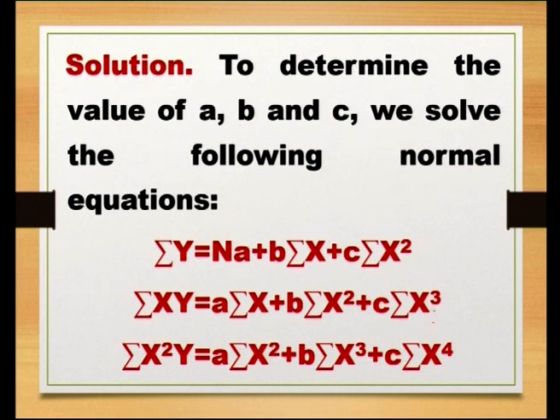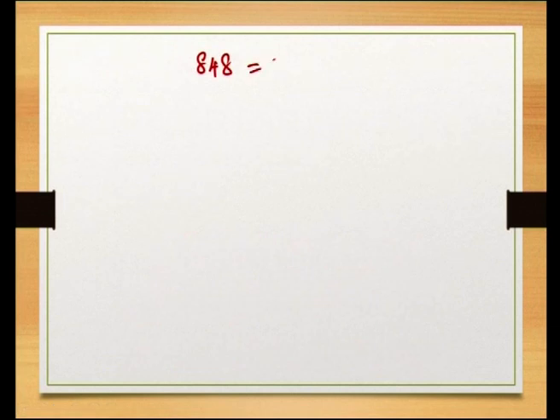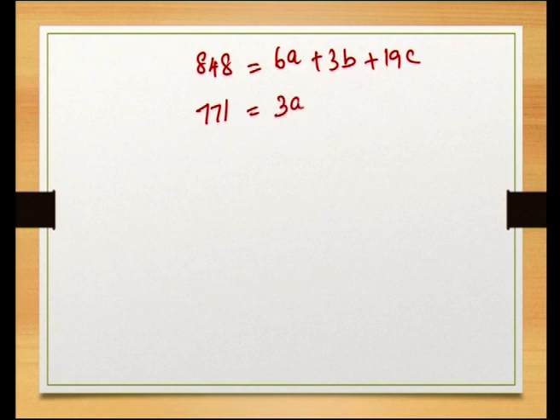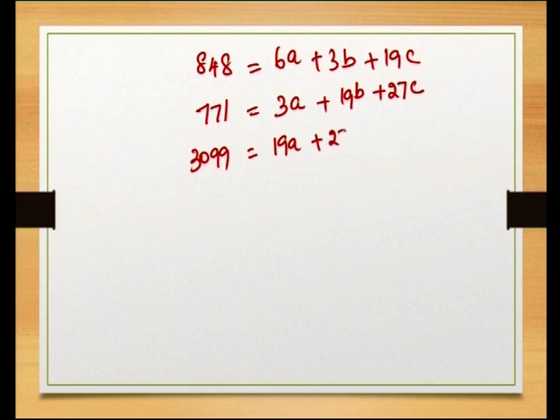Likewise, all the summation values are substituted in these 3 equations, and then we get the 3 equations as 848 is equal to 6a plus 3b plus 19c. 771 is equal to 3a plus 19b plus 27c. The third equation gives you 3099 is equal to 19a plus 27b plus 115c.